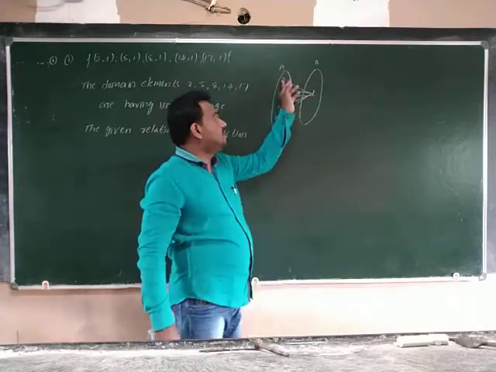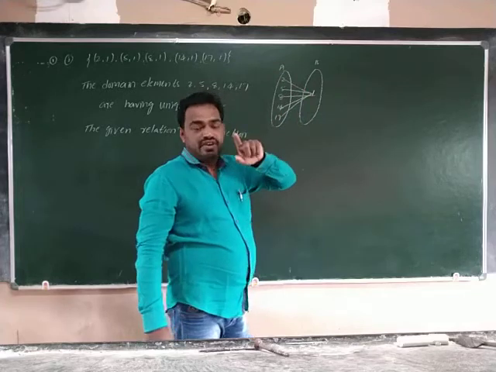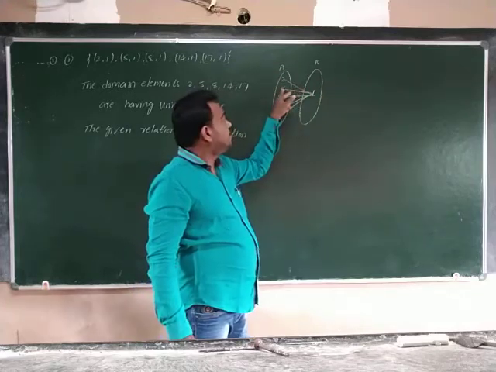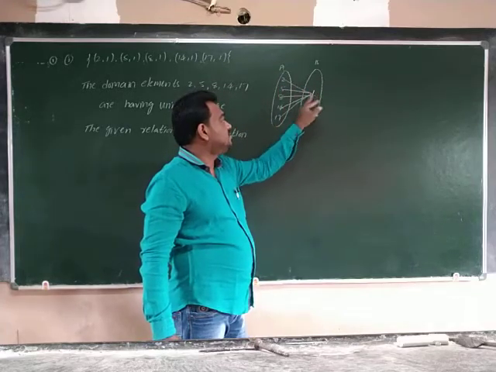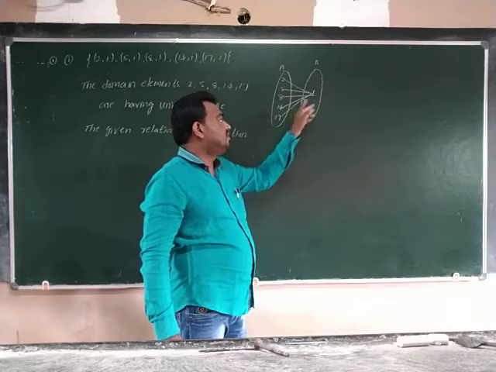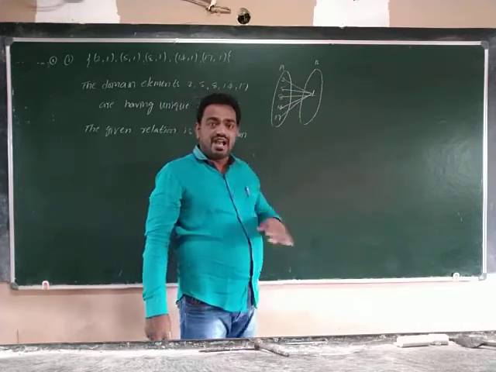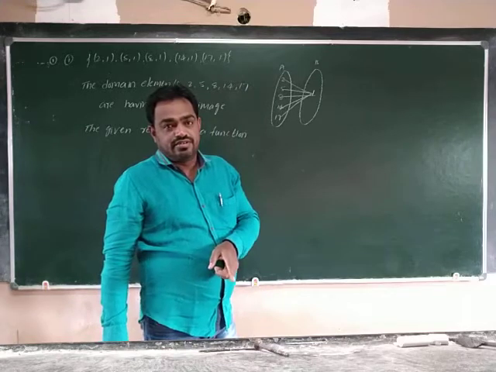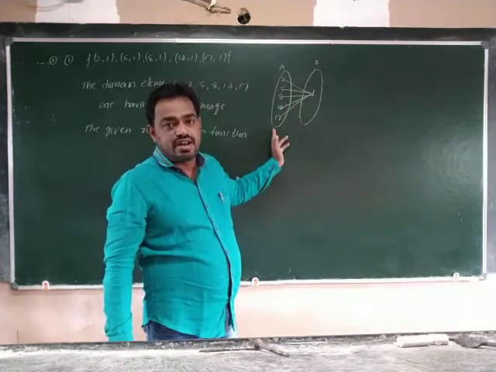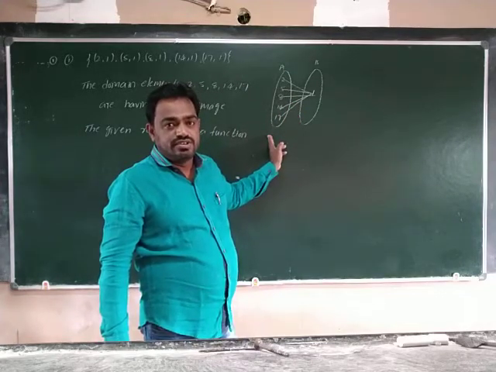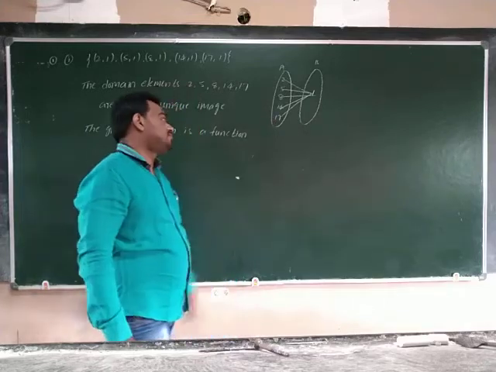See, 2 has how many images? Only one image, that is 1. 5's image is 1, 8's image is 1, 14's image is 1, 17's image is 1. That means all have a unique image. So it is a function. Understood?